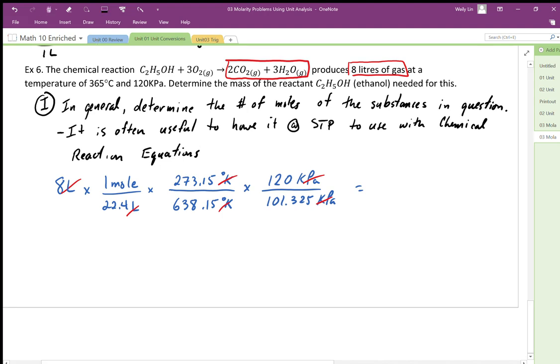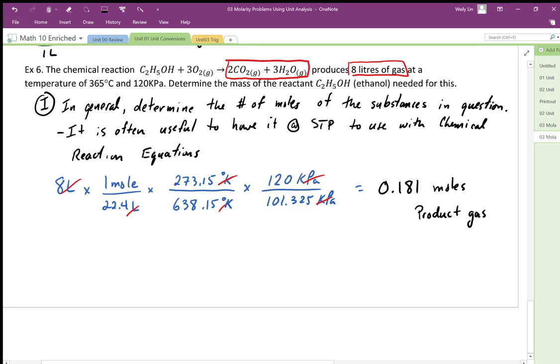So when I work this out, I get 0.181 moles. And this represents the product gas. Okay, so my product gas is 8 liters, and I've converted that into moles of product gas. And that's on the product side of the balanced equation.